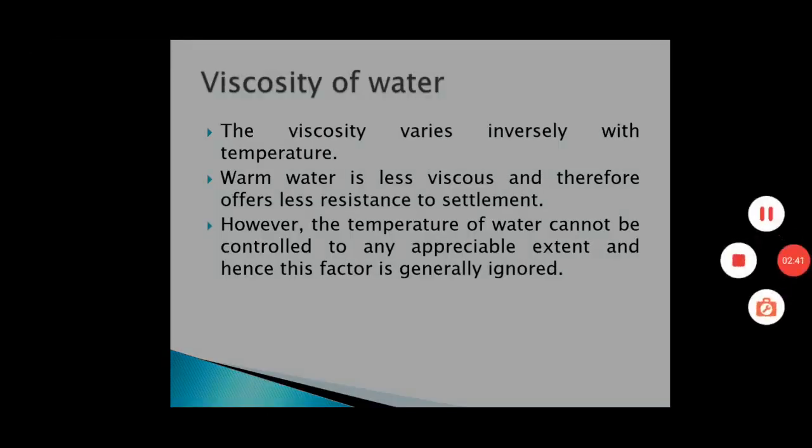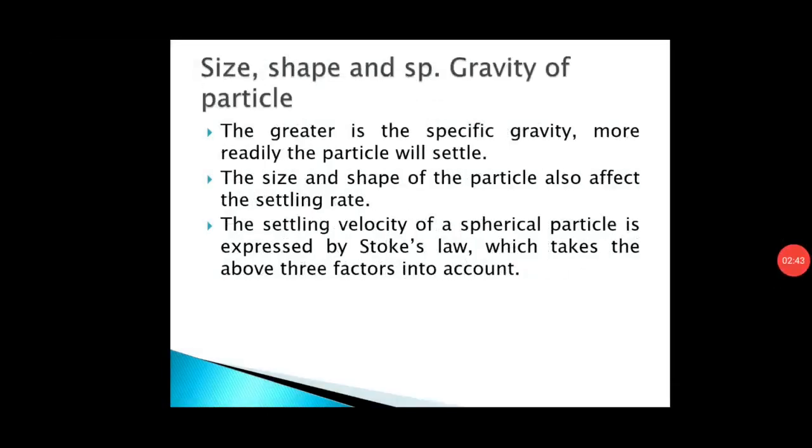Then the next factor is size, shape and specific gravity of the particle. The greater the specific gravity, the more rapidly the particle will settle. The size and shape of the particle also affect the settling rate, and very small sized particles will settle very slowly.